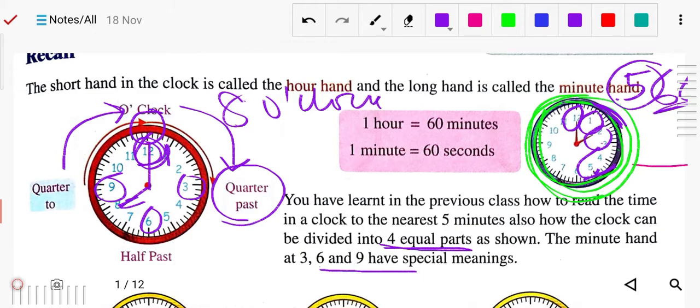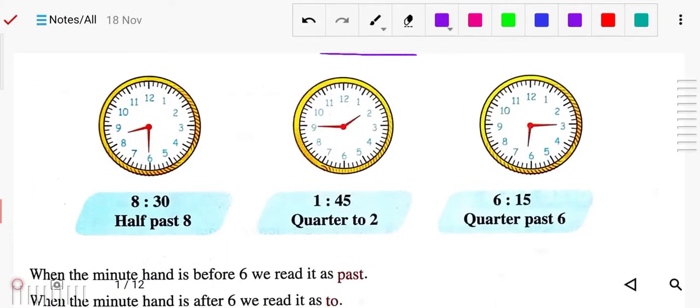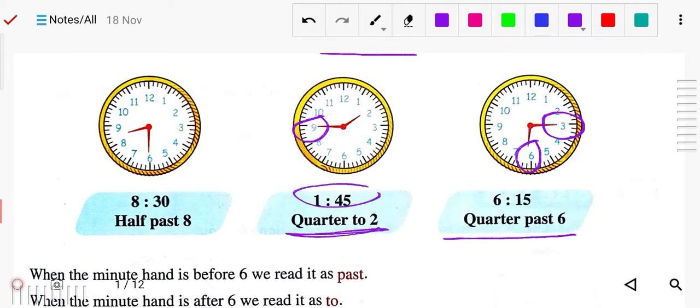Now if the minute hand is on the 3, what will you say? You can say quarter past 6, where the hour hand is at 6. If the minute hand is on the 9, you say quarter to 2, because the time is 1:45. If the minute hand is on the 6, you say half past 8. The time is 8:30, so half past.